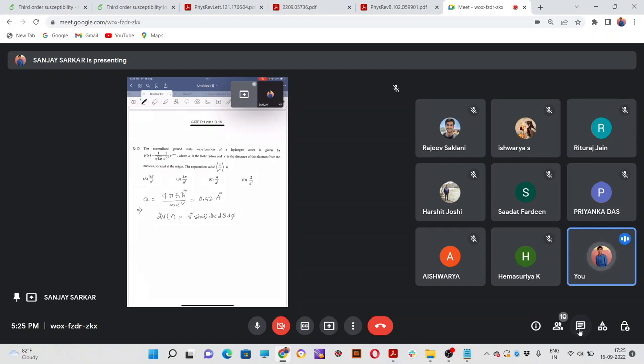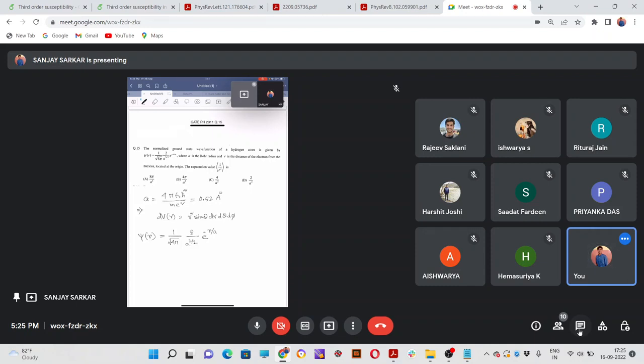So let's solve it. This is really an easy problem. So psi(r) is given as 1 by root over 4 pi (2 by a)^(3/2) exponential minus r by a. This is the given wave function.